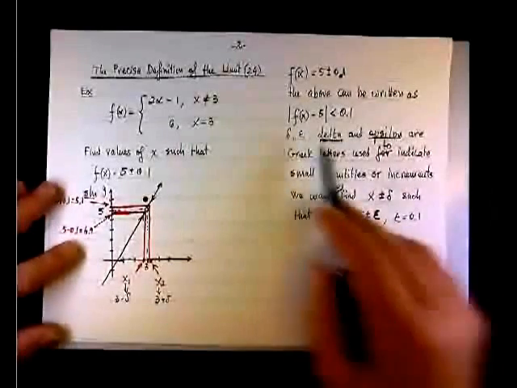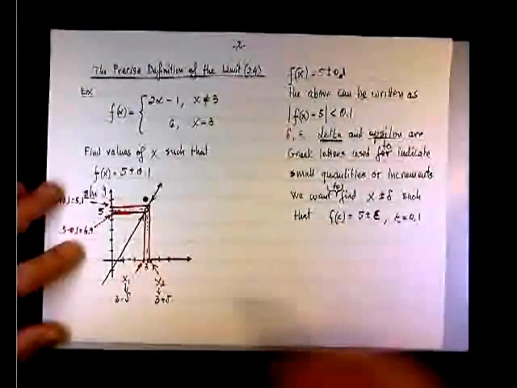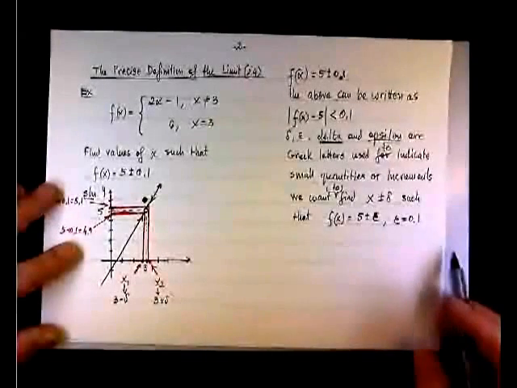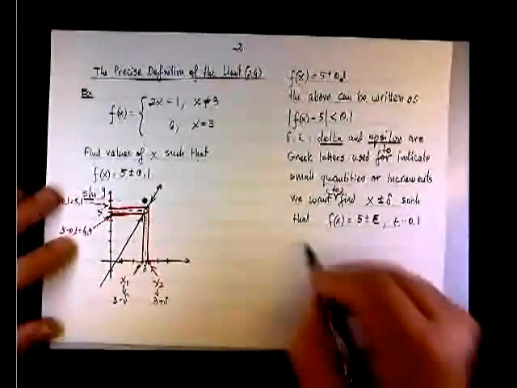Now, notice that because we do 3 minus delta and 3 plus delta, we need to let delta be positive. Okay.